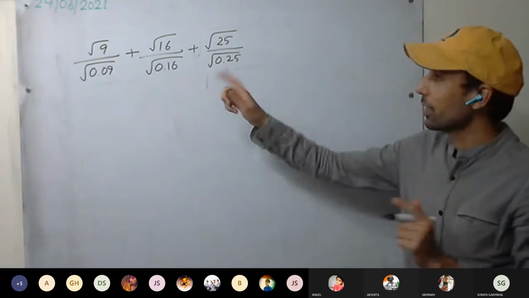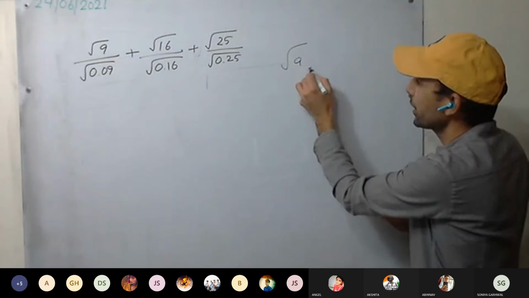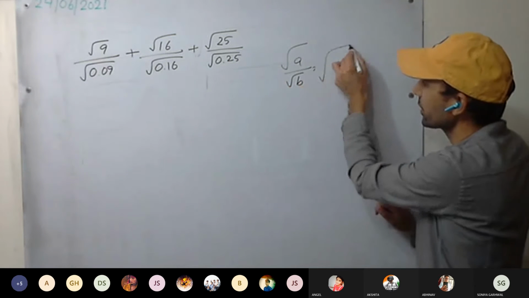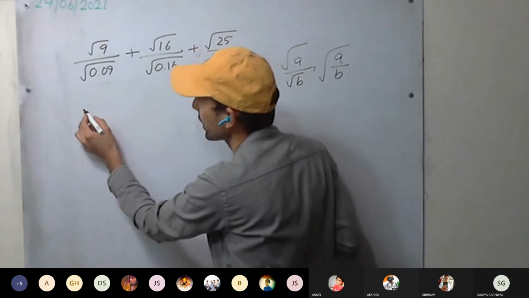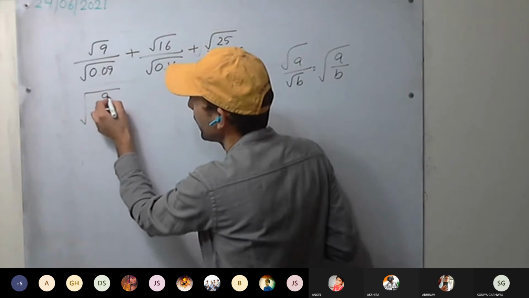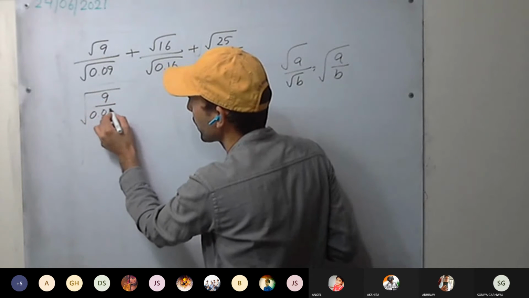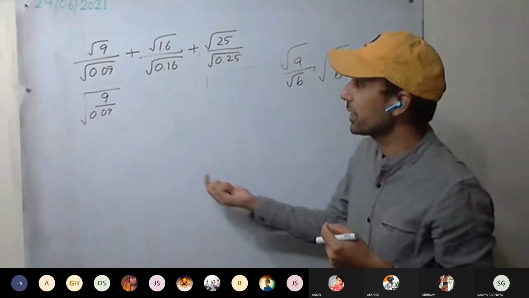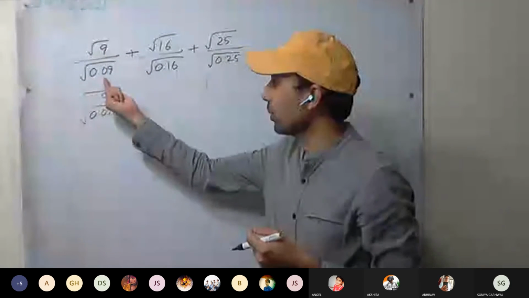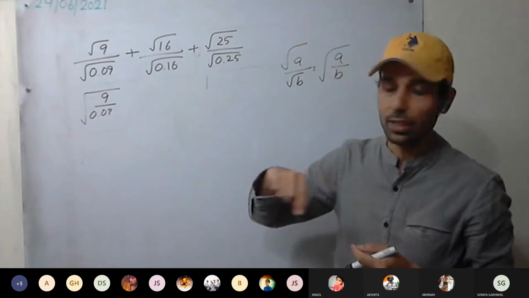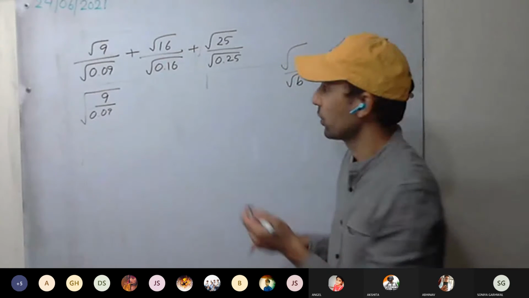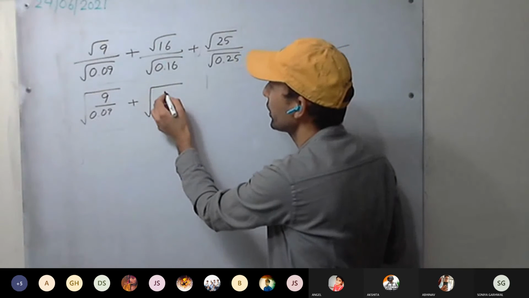So see here, root of a divided by root of b we can write as whole root of a by b. So it will be 9 divided by 0.09. You can do a different method as well, that is, take the root, 3 divided by 0.3, and you may get the answer that way as well. That's up to you which way you choose.